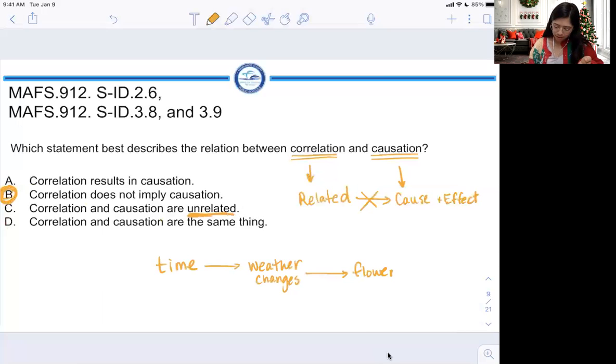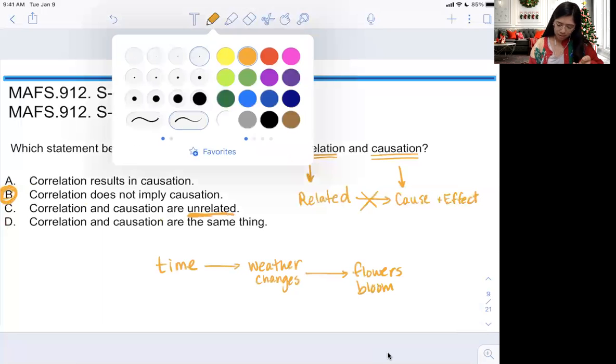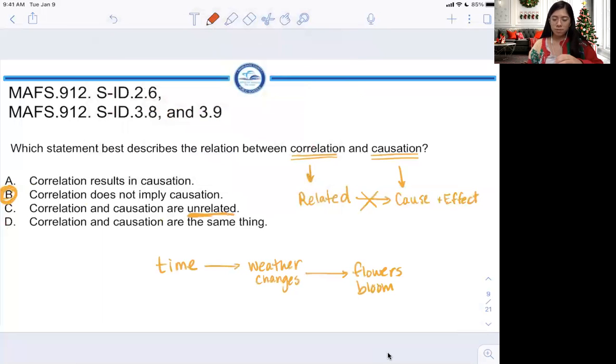Sure, let's go with that. All of those things are related to each other, but does time go directly and cause the flowers to bloom? No, it skips a step. So that doesn't mean they're unrelated. They're related to each other, but the sequence of events is important. You can't just say that time causes the flowers to bloom, because that's not true.